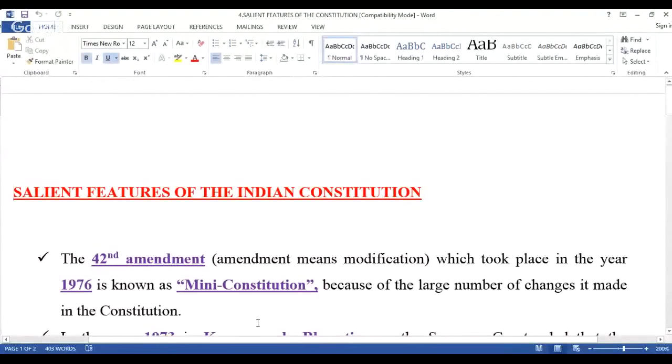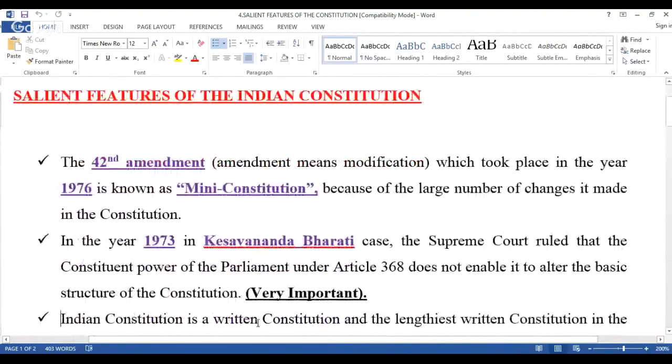Yes. Now, look at this. Salient features of the Indian Constitution. The 42nd Amendment, which took place in the year 1976, is known as mini constitution. Yesterday we understood this point. It is because of the large number of changes it made in the constitution. So this is the 42nd Amendment.